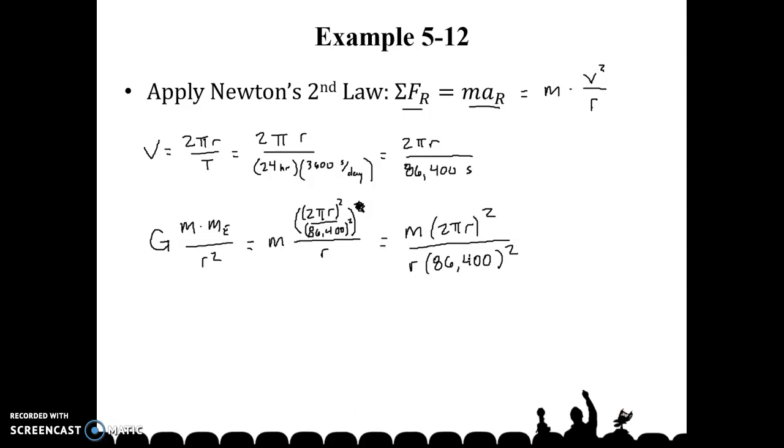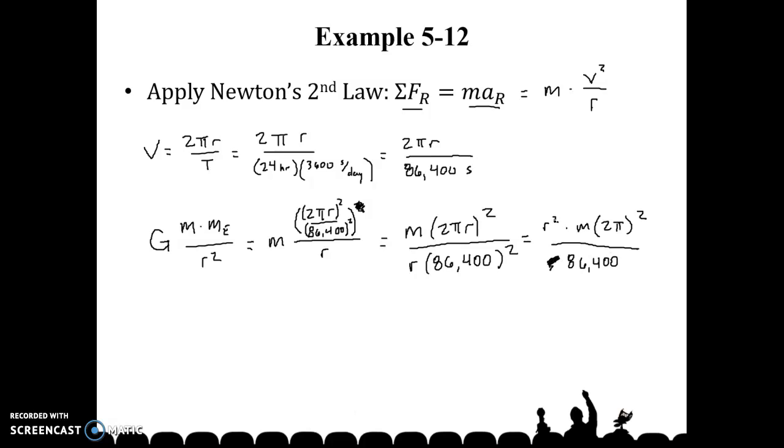Okay, and so the reason I'm doing this is so I can simplify my two r terms here. I can pull out the r squared times m times 2 pi squared over r times 86,400.